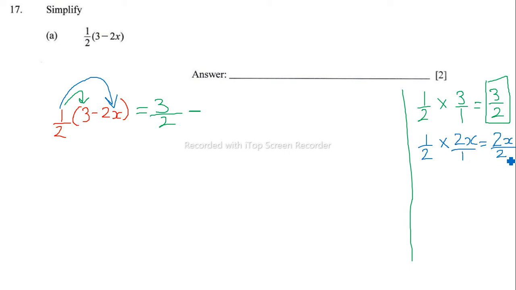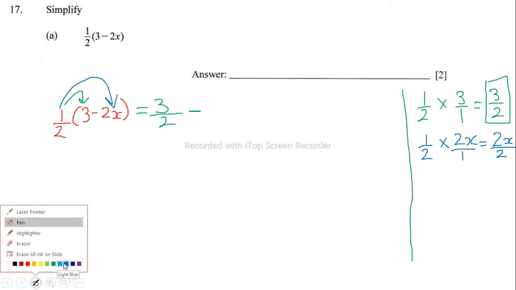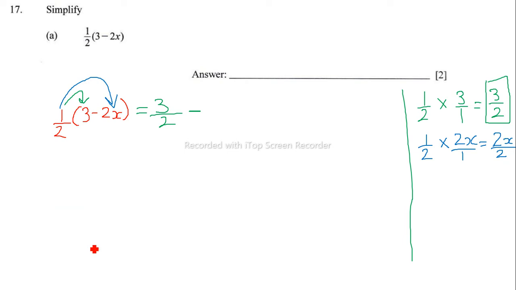Then we can simplify and cancel out. These 2s cancel out, leaving us with just 1 over 1, so 1/2 times 2x is simply x.